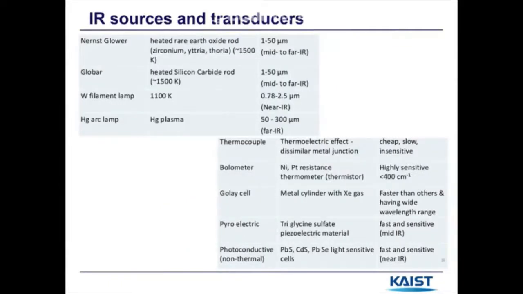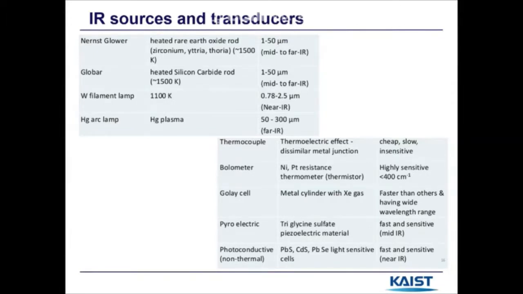IR sources consist of an inert solid that is heated electrically to a temperature between 1500 and 2200 Kelvin. These sources produce continuum radiation approximating that of a black body. The maximum radiant intensity at these temperatures occurs between 5000 and 5900 1/cm.